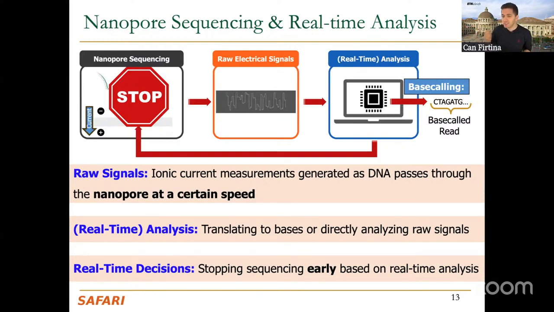So we can tell the sequencer to stop sequencing that read early without fully sequencing it. This is an approach known as adaptive sampling. We are adaptively taking a decision to sequence or not sequence that read, and we can send a signal to the sequencer to stop sequencing that read.